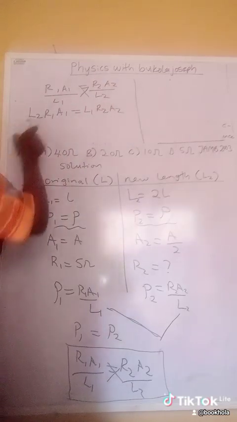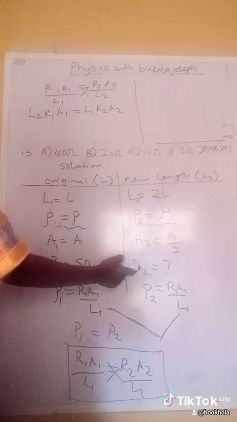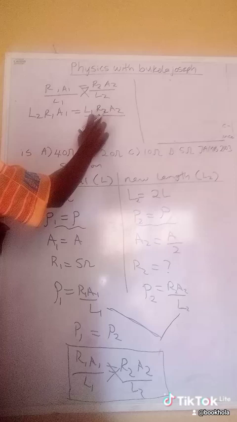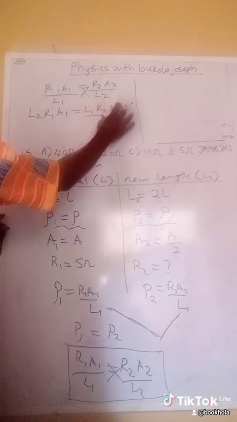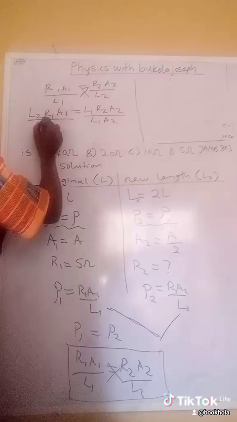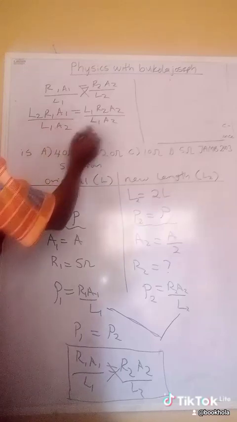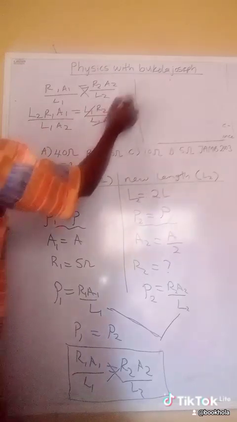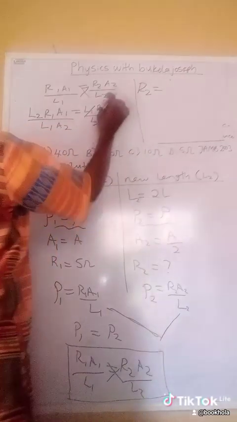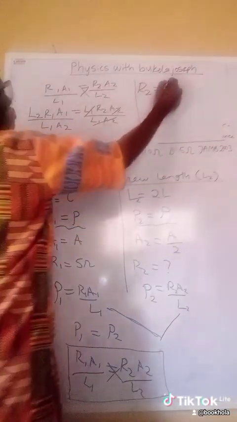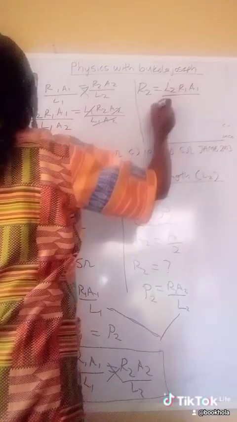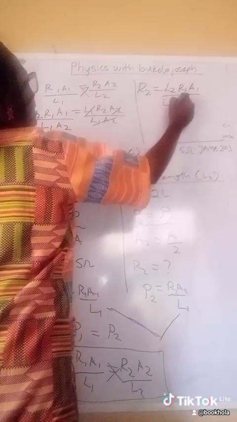We want to make R2 the subject of the formula, so we divide both sides by the coefficient of R2, which is L1 A2. We divide this side by L1 A2, and we cancel this. Then R2 is equal to L2 R1 A1 all over L1 A2.